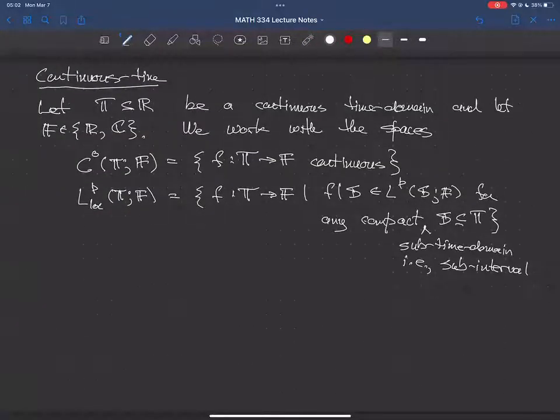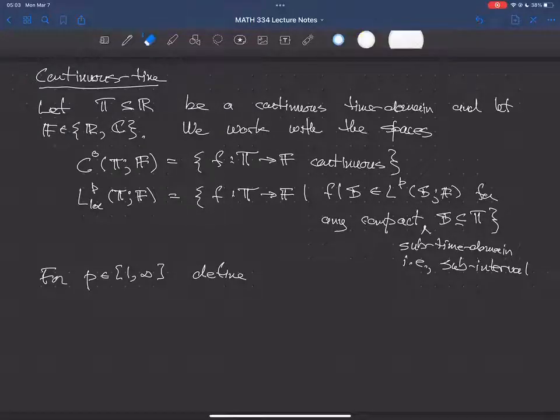So for P in 1 to infinity, define. Actually, I need to do this a little bit more slowly here. First let's define the infinity case, since that's what I wrote down first.